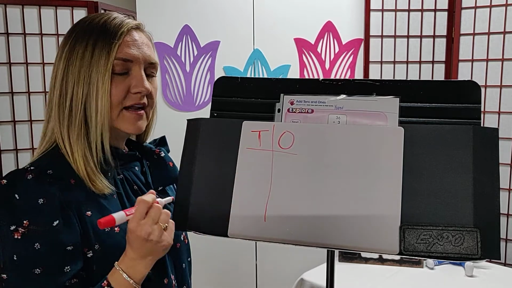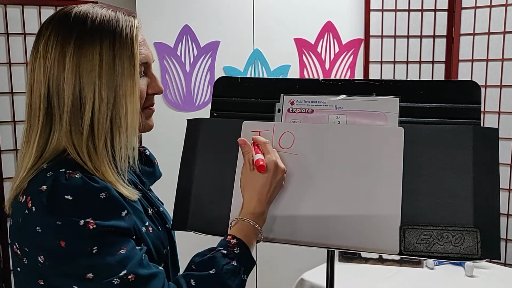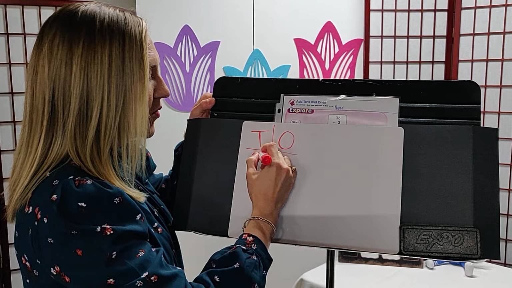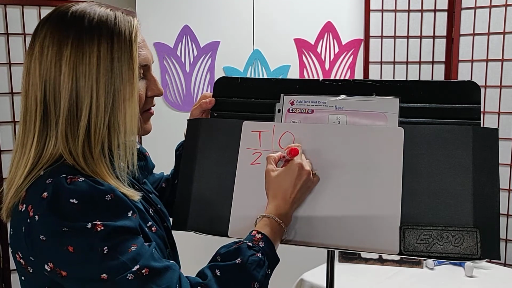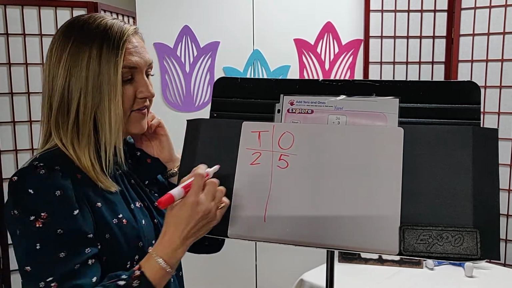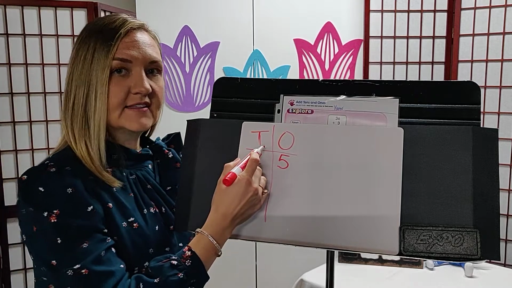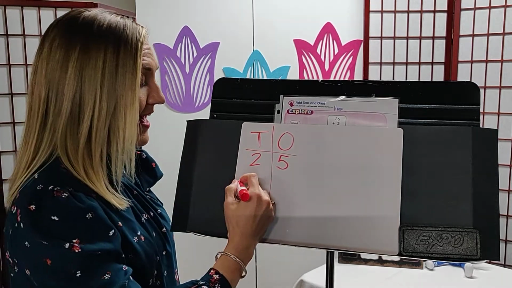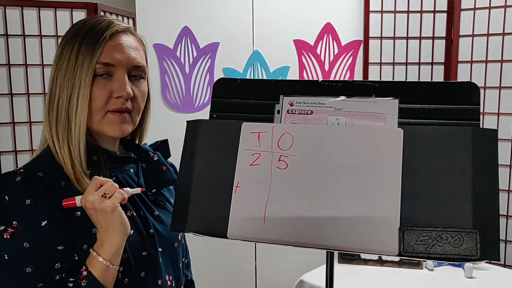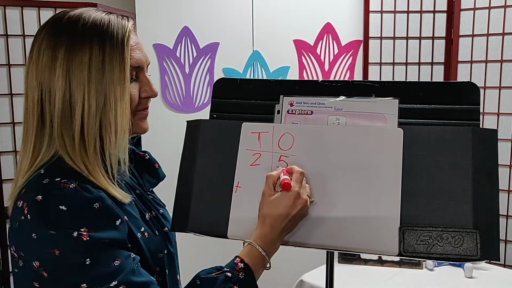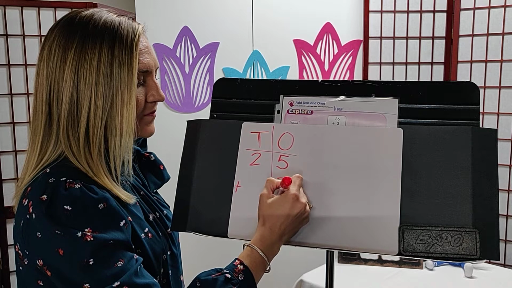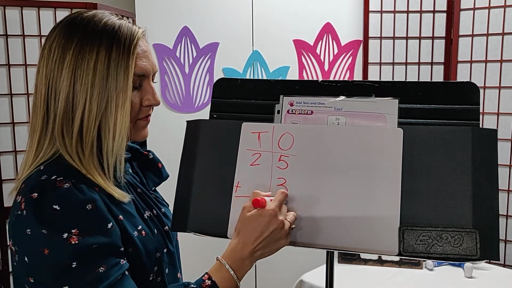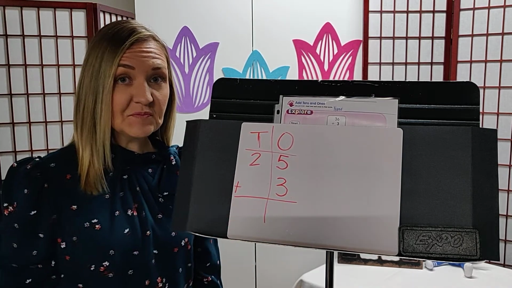When we line up a two-digit number, for example, maybe I have 25. 25 is two groups of tens plus 5 ones, and then I'm just going to add 3. Okay, so here is my addition problem.